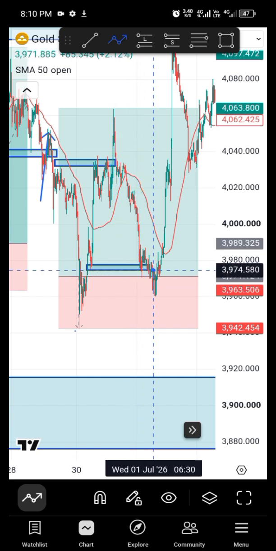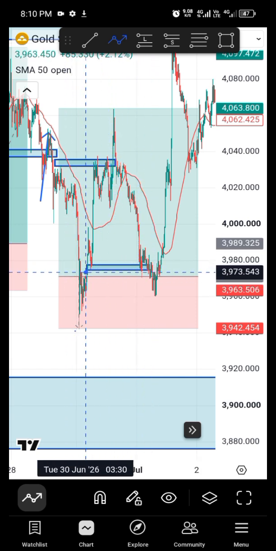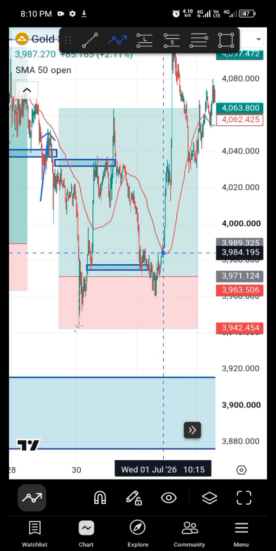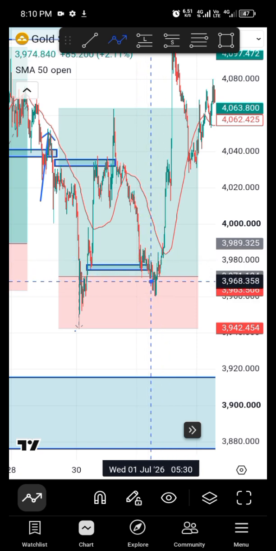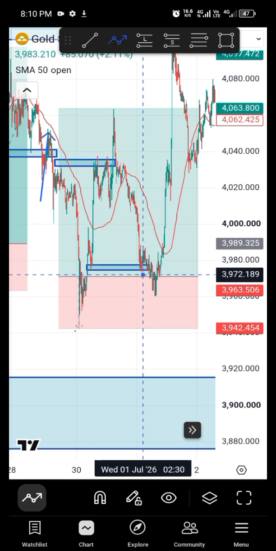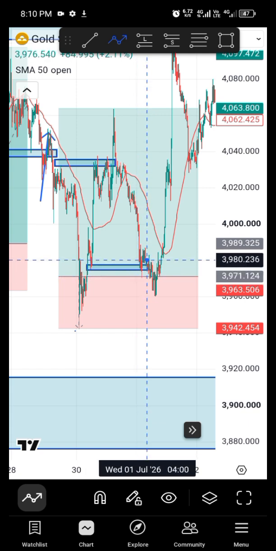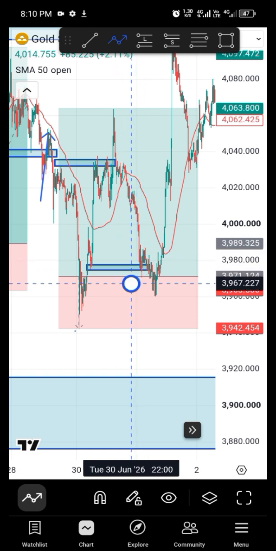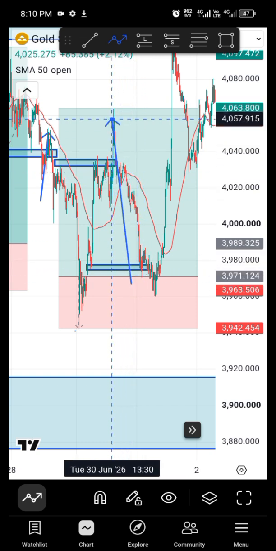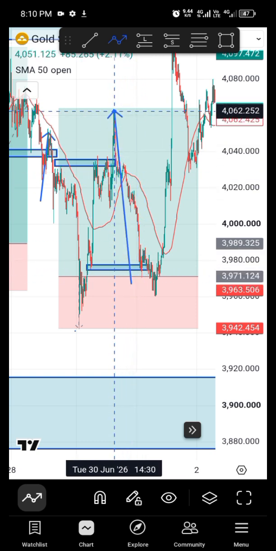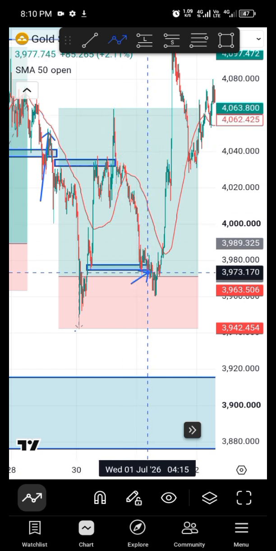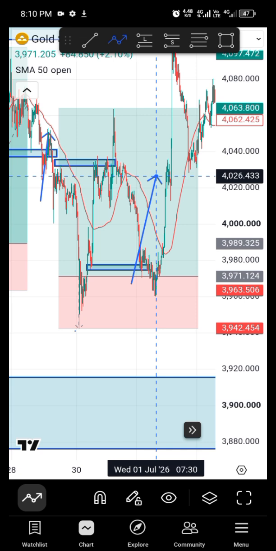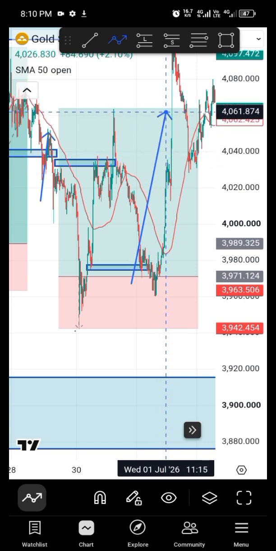I know immediately it's swept, it's going to want to create a fake out before going up. So I entered at this particular position, and my take profit was above the swing high where all the stop losses were taken. As you can see, guys, it rallied up and took my take profit.